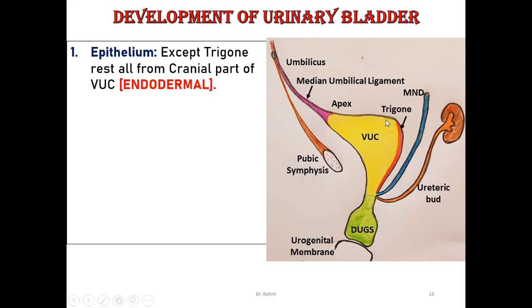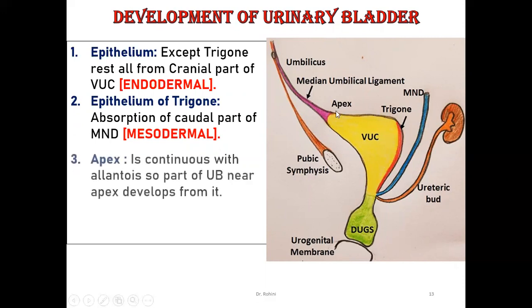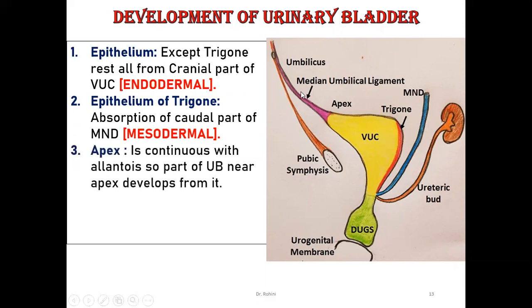So major part of the bladder is endodermal in origin, but the part along the dorsal wall or the posterior wall, or you can say the area of trigone, is because of absorption of the mesonephric ducts. So epithelium of trigone is mesodermal initially, and some part near the apex where we have attachment of urachus is contributed by some part of allantois.